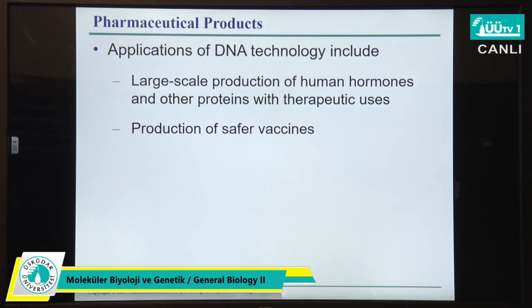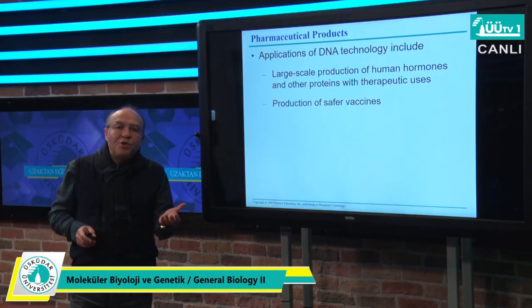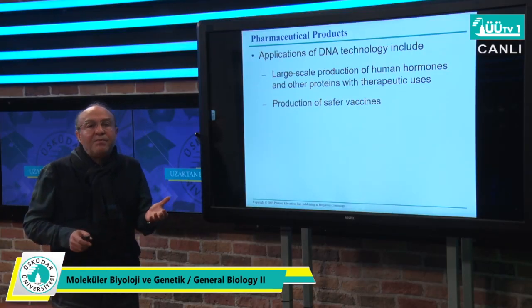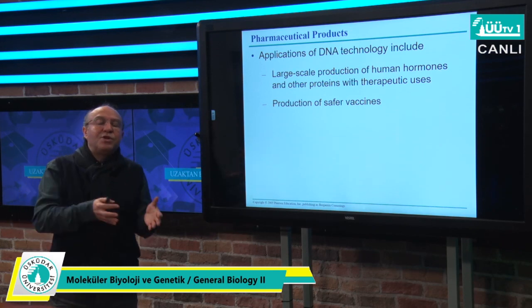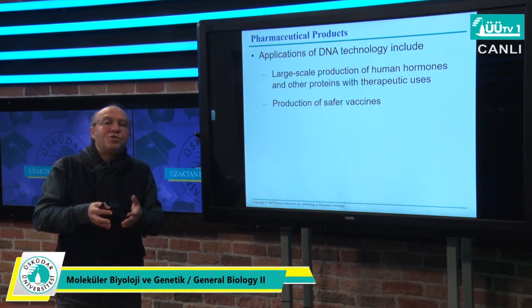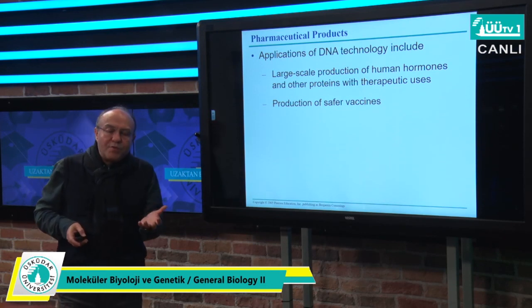For example, as you know, the insulin hormone for diabetic people is now produced by E. coli, because we cloned the insulin gene into E. coli, and E. coli is producing our hormones.